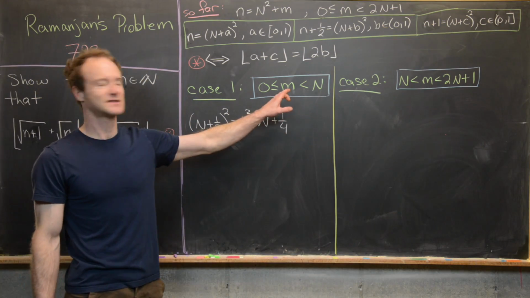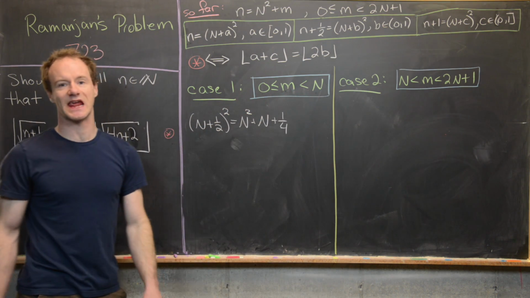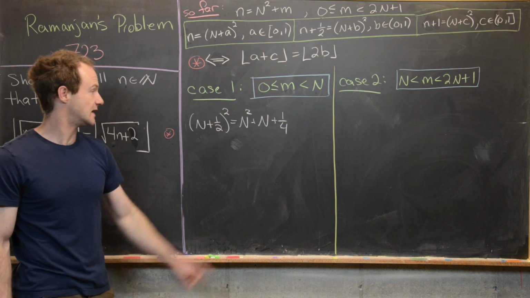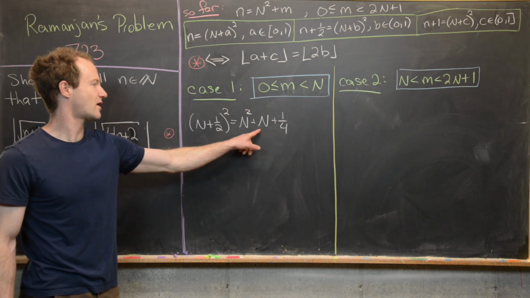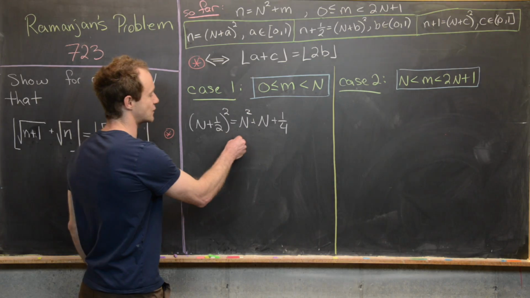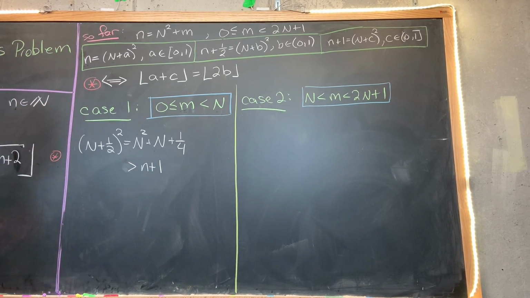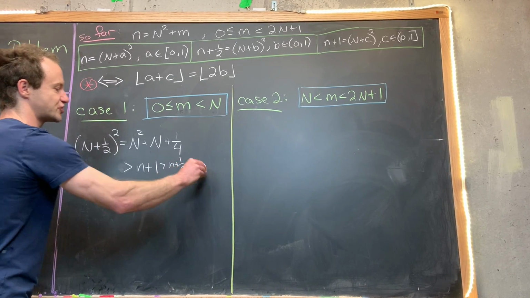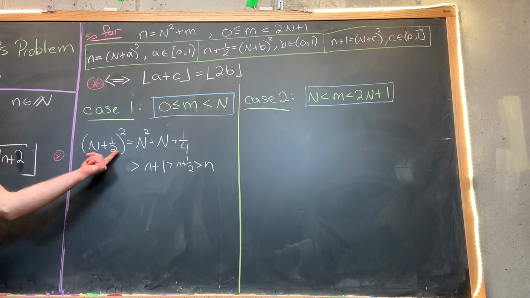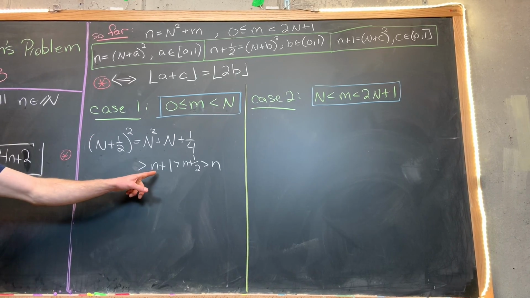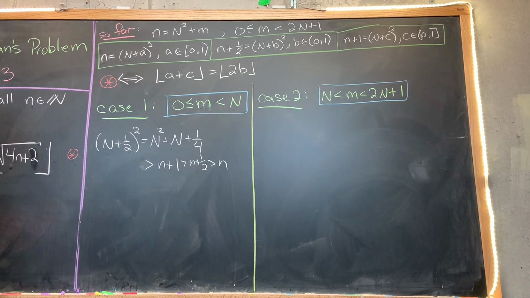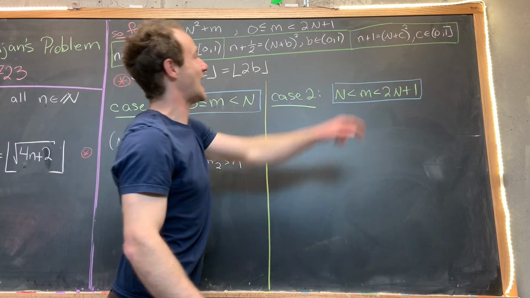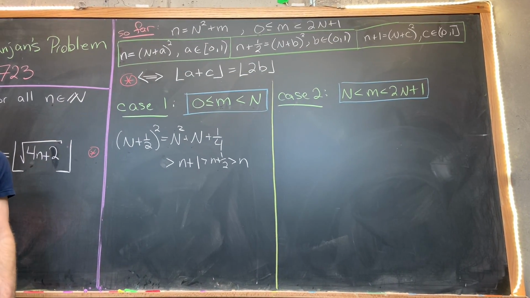Great. But now since m is strictly less than N, that tells us that m plus 1 is less than or equal to N. But what that tells us is that n squared plus n plus 1/4 is going to be strictly bigger than n plus 1. But obviously n plus 1 is strictly bigger than n plus half, which is strictly bigger than n. So in other words, this n plus half squared is bigger than n plus 1, n plus half, and n. But what that tells us is that a, b, and c are all strictly less than 1/2.